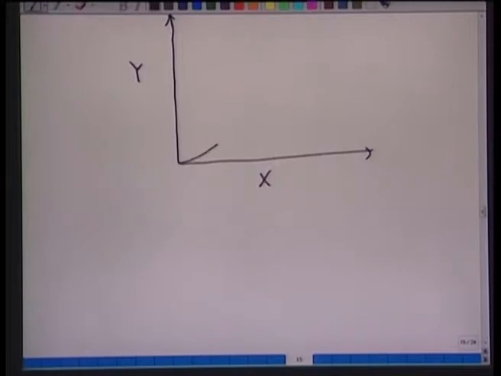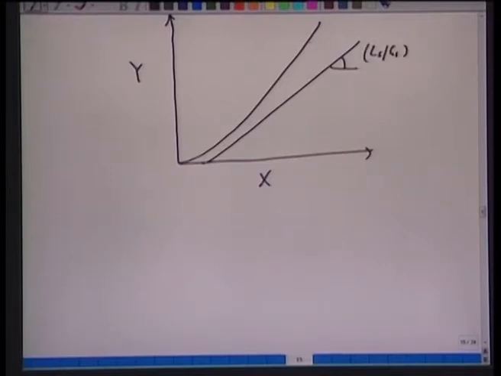So if this is a curve, and this is a point here, suppose we draw an arbitrary line with slope LS by GS. All right, this is our x2 and this is our x1. y1 is 0, it's pure steam here. Now this is slope LS by GS.